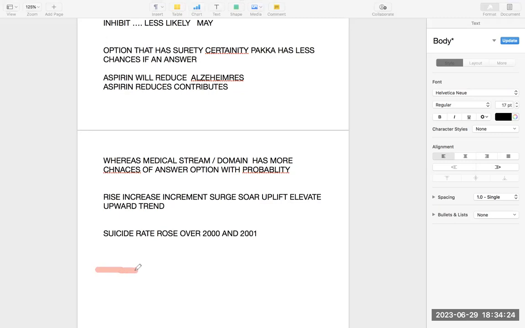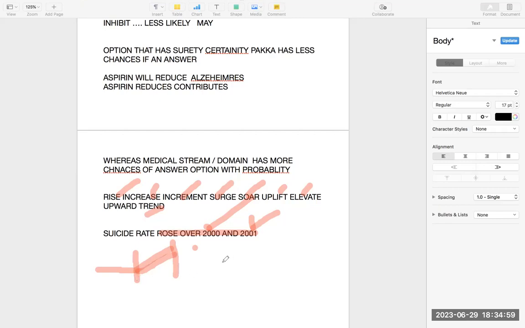Rose means increase, increment, surge, soar, elevate, uplift, escalate. So suicide rate rose over 2000 and 2001 means that there were more suicides in 2001 as compared to 2000, because it rose. This you need to understand.